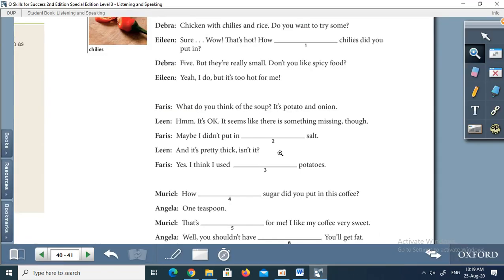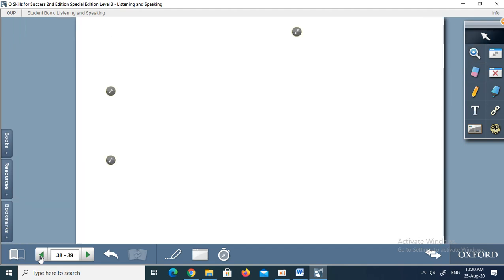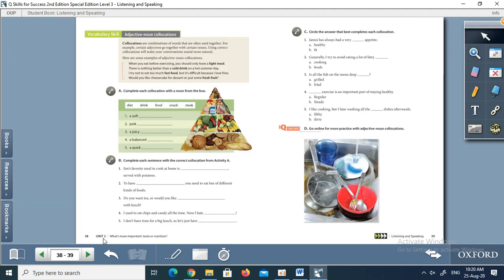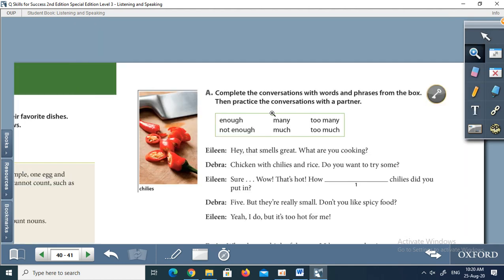You need to fill in the missing words 2 to 6, and it needs to be filled in from those 6 options: enough, not enough, many, much, too many, or too much.